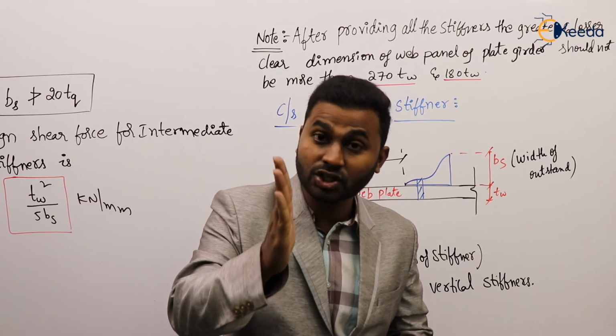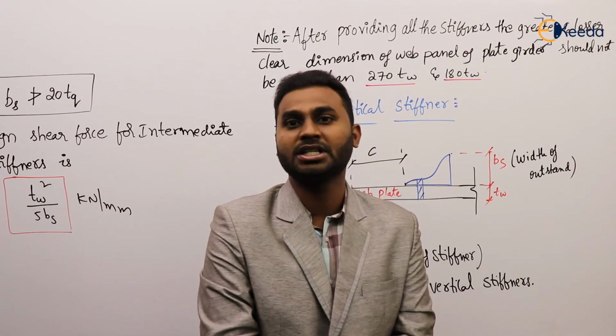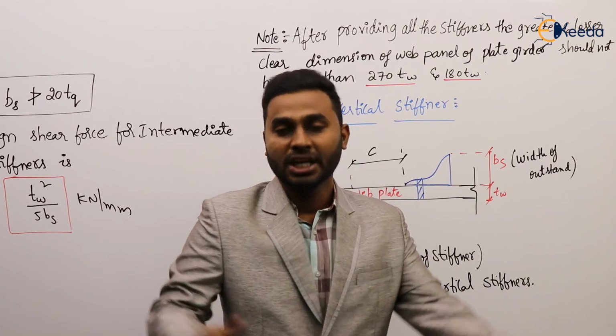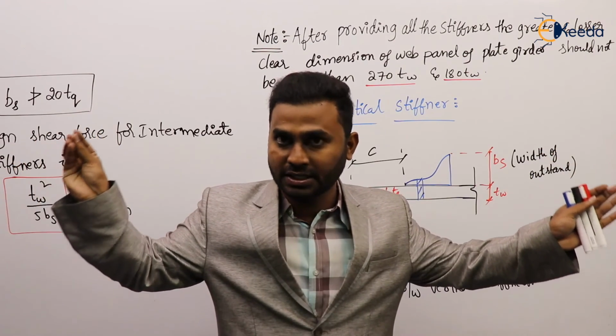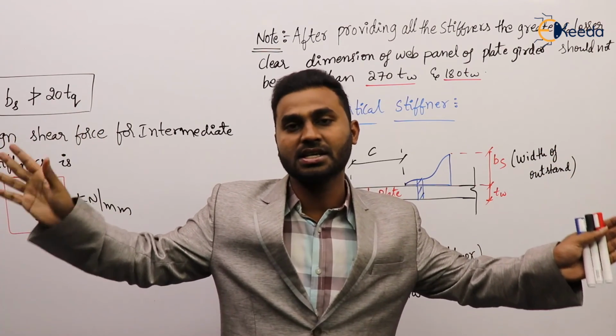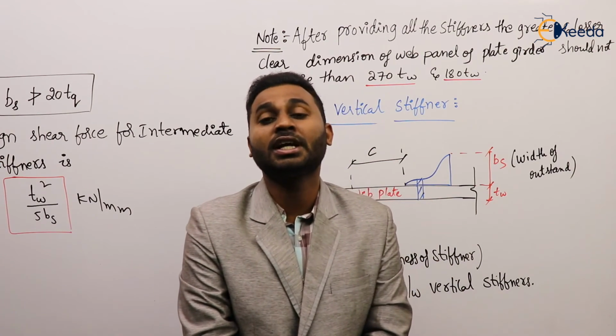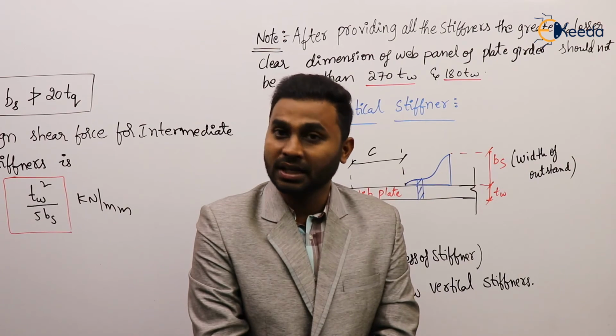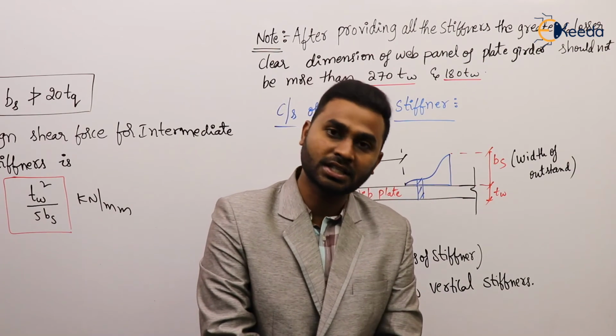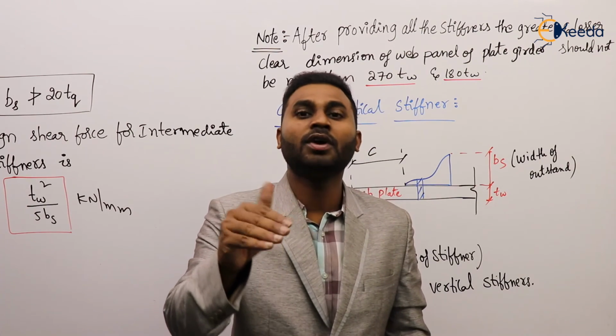Depending upon some conditions only, we are going to provide these intermediate stiffeners. But irrespective of any condition, if there exists a plate girder in a site or in a steel structure, for sure we should provide bearing stiffener. But coming to the transverse and horizontal stiffener, that is not the case. There exists some condition. Based on that only we are going to provide the stiffener.